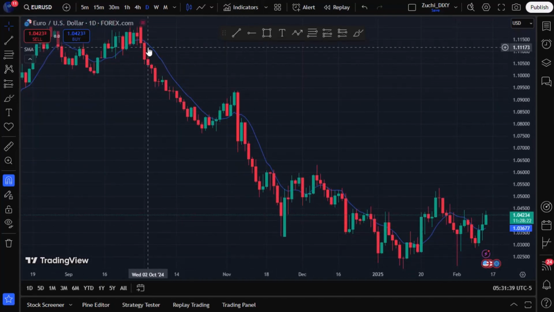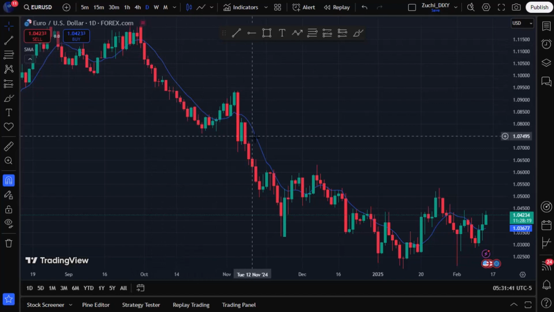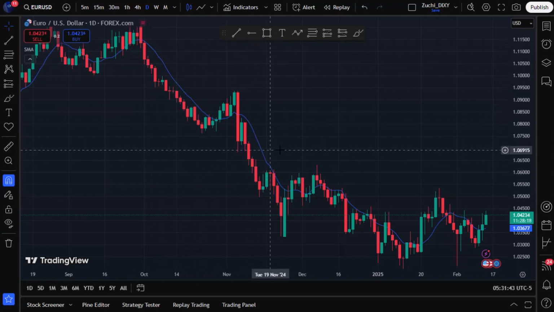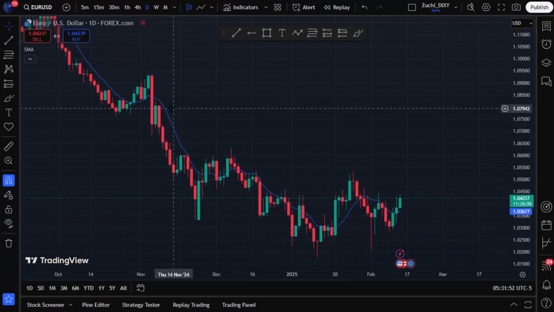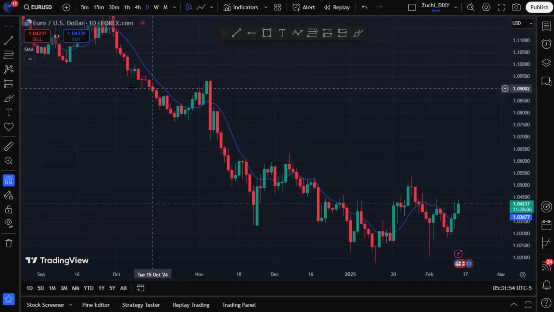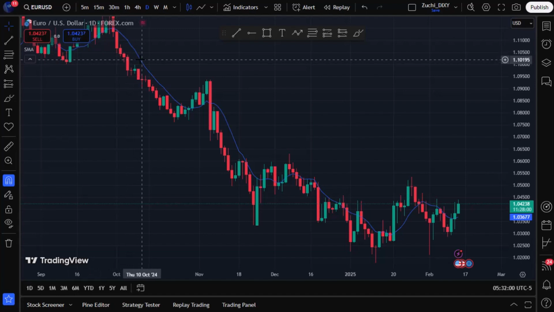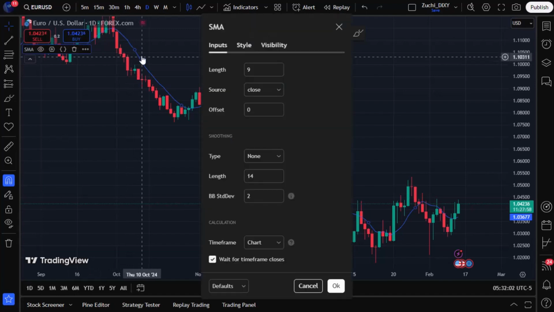We see we have this blue line now attached to our chart right here, and what this indicator does is tell us the trend of the market. You can also edit the properties of this indicator by going to this segment here or by simply double clicking on it. If I double click on the line right here, it opens up the properties of this moving average, and I can edit anything I want right here.